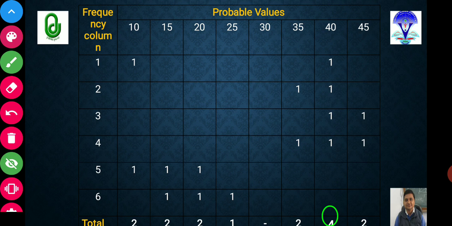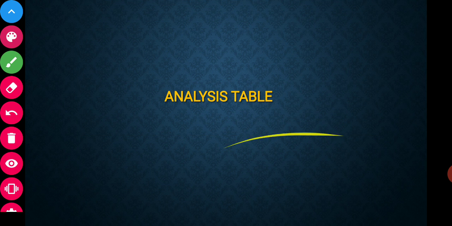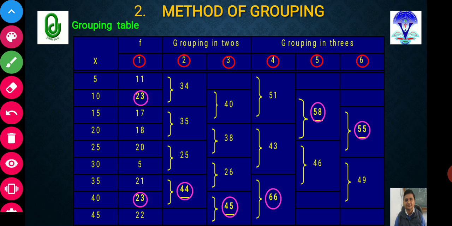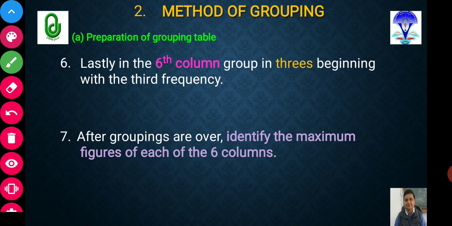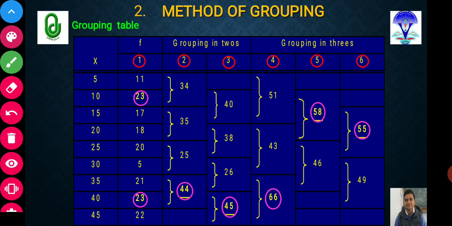You see the probable value 10. So what will we do? We will go to the probable value 10 in the grouping table. Here, in column 1 the maximum frequency is there.